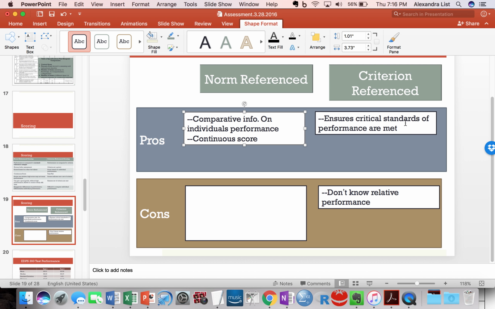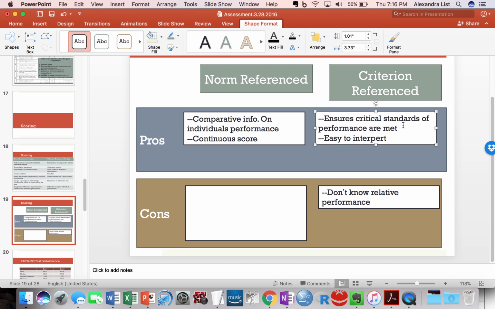But at the same time, criterion reference tests are much easier to interpret, which is why they're used for a lot of professional licensure exams. Because maybe if I'm a principal looking to hire a teacher, what I really care about is, do you have these basic competencies, yes or no? I don't want to spend time deciphering what a 700 on a particular exam means. I just want to know, have you met these standards?